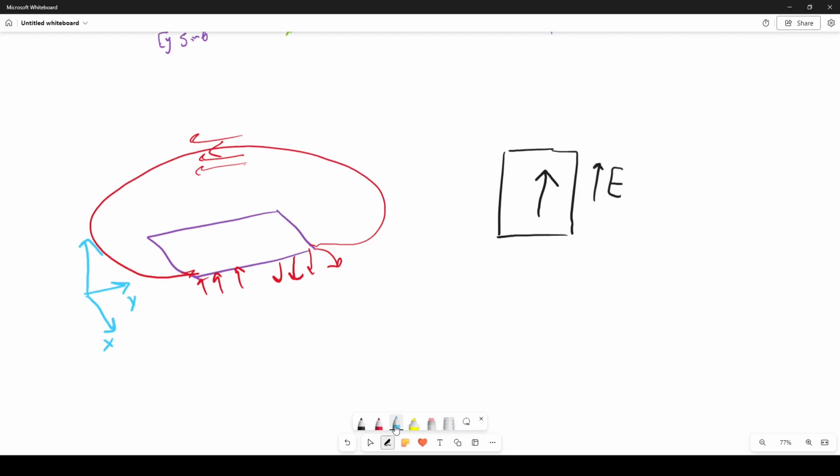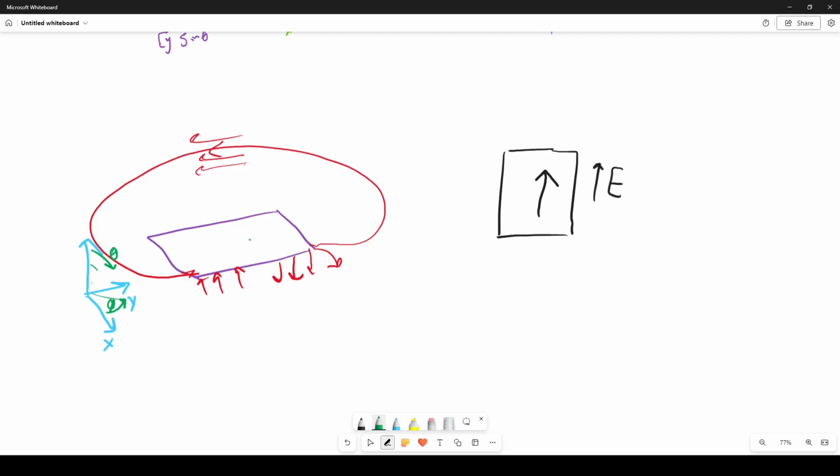And also, just to remind us, here is phi, and here is theta. This is the angle with the z-axis, and this is the angle with the x-axis.